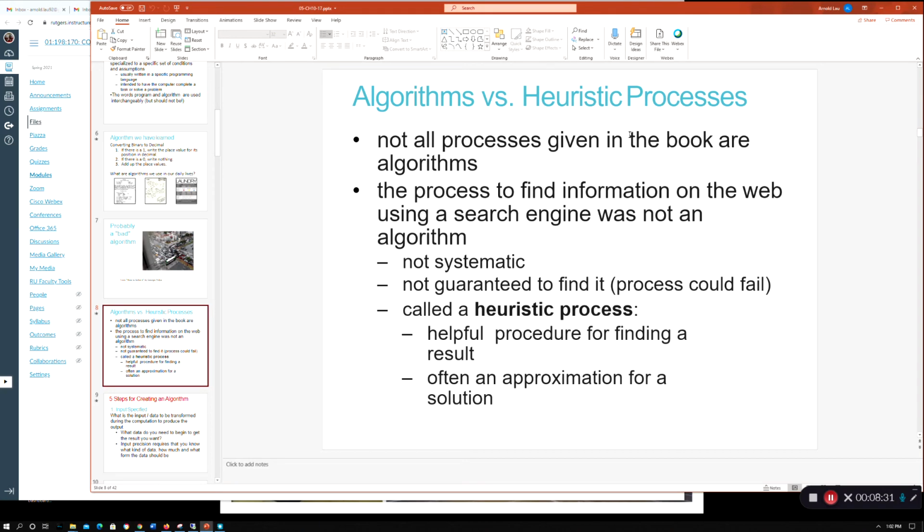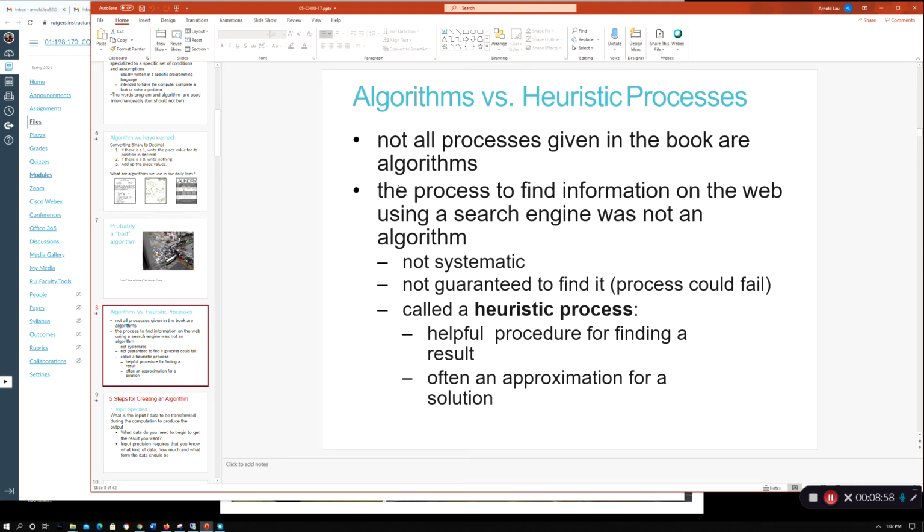So heuristic processes, and we'll go into this when you start doing more with programming, the idea of debugging. You're not going to have an algorithm that you can implement to do debugging, but there will be heuristic processes that you would follow to help you isolate bugs in the program.